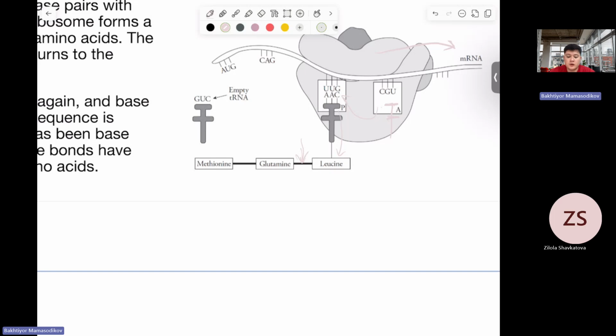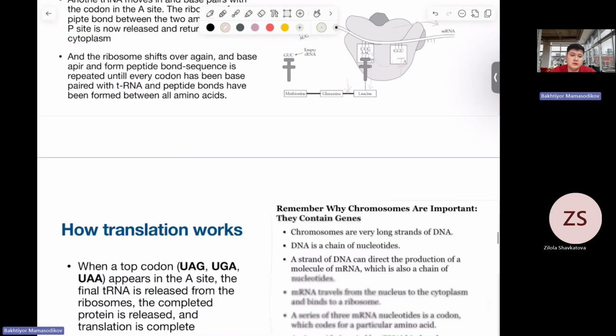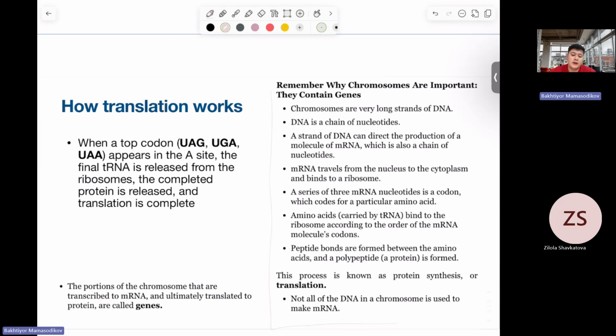It all ends with stop codons: UAA, UAG, and UGA. When one comes, no tRNA can match it, and at that point the ribosome releases the finished protein.